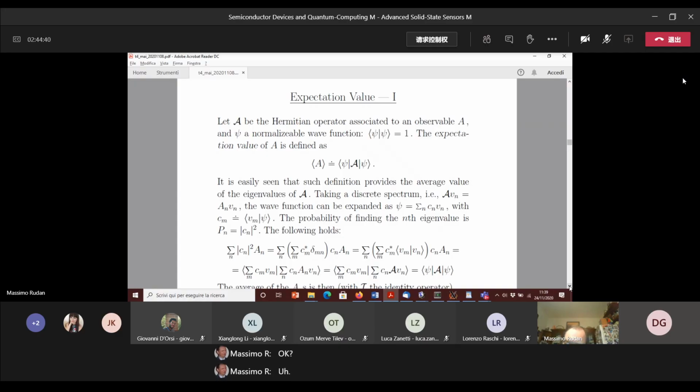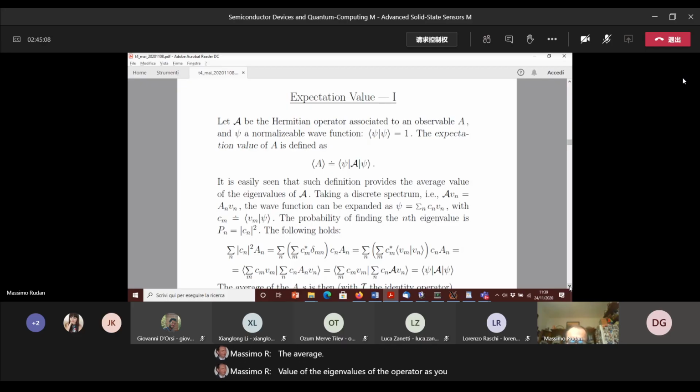In this way, we actually introduce some statistics, as we shall see later in the operations that we do with the wave function. So the first step is to prove that the expectation value is the average value of the eigenvalues of the operator.